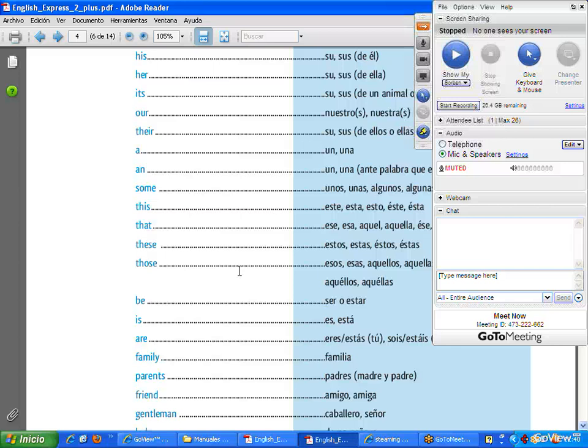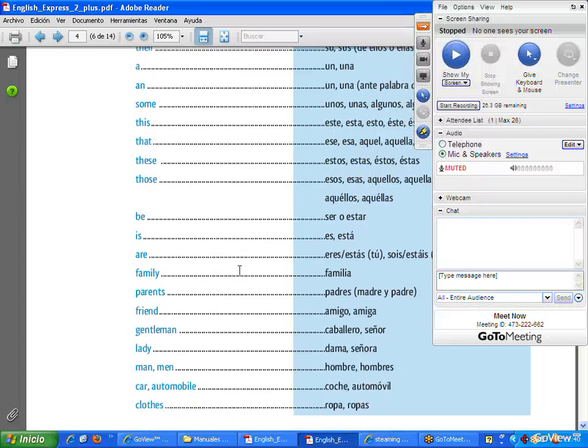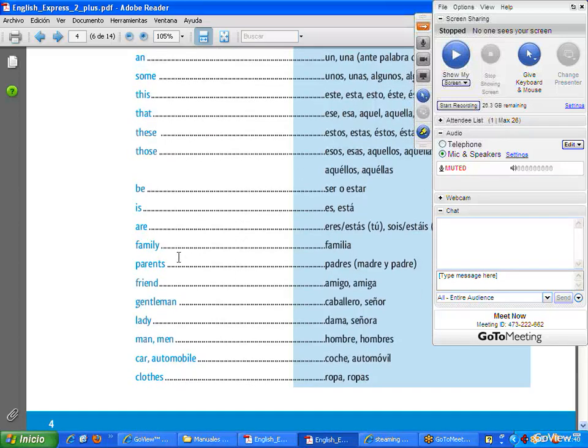After, we have a list of nouns, starting with family, parents, friend, gentleman, lady, man, or men, because man is an irregular noun.